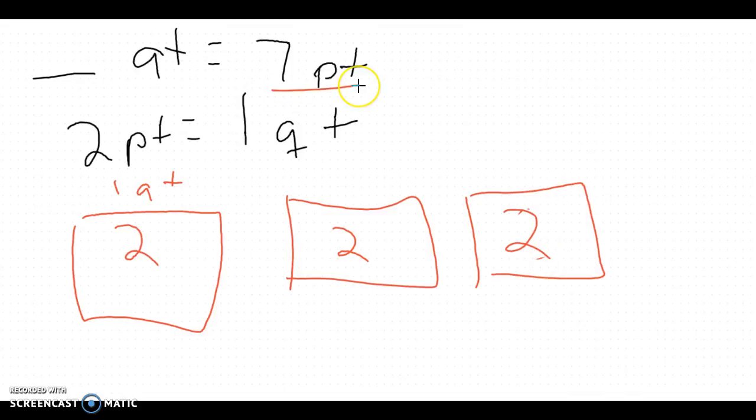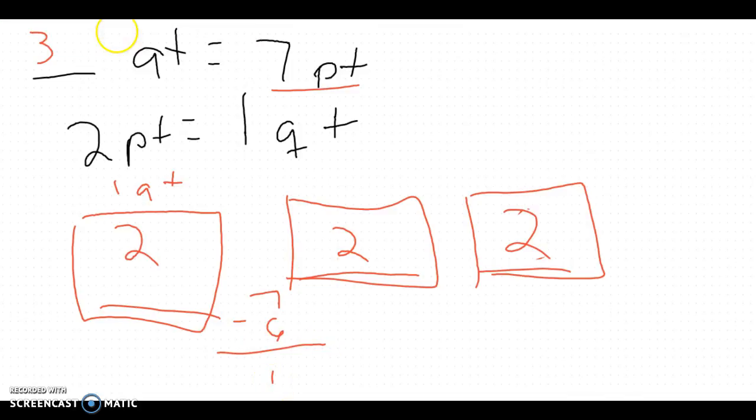We only have 7, so that would be too many. So we have 1, 2, 3 quarts. So we have taken 2, 4, 6 pints and put them into quarts. So we need to find out what we have left over, which is 7 minus 6 is 1.